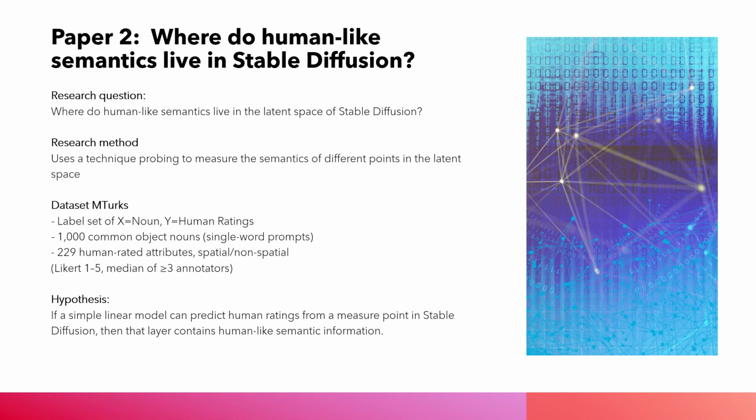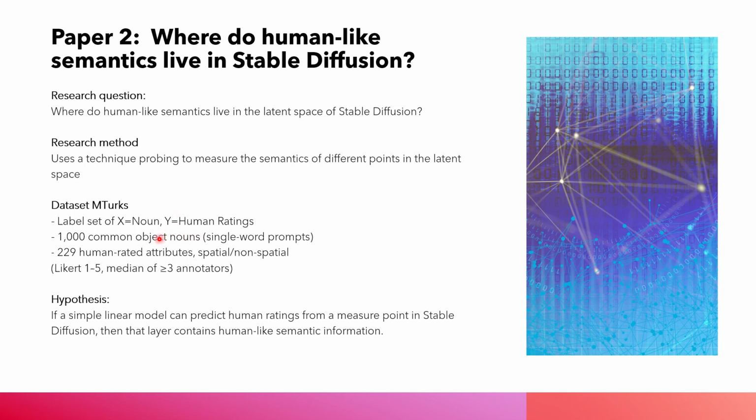So the main research question in the paper is, where do human-like semantics live in the latent space of the Stable Diffusion model? It tests this by using a technique called probing, which we'll elaborate on in the next slide. It uses the mTurk dataset, which is a labeled dataset where X is a noun and Y are human ratings.